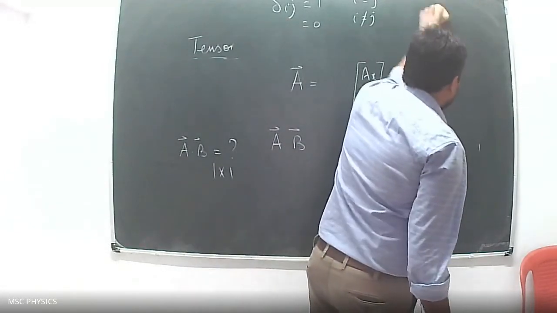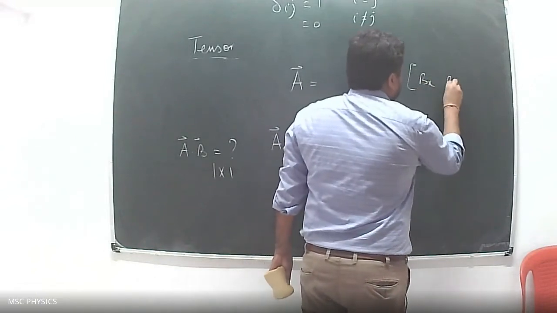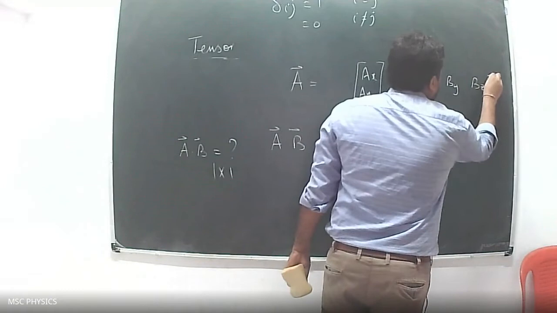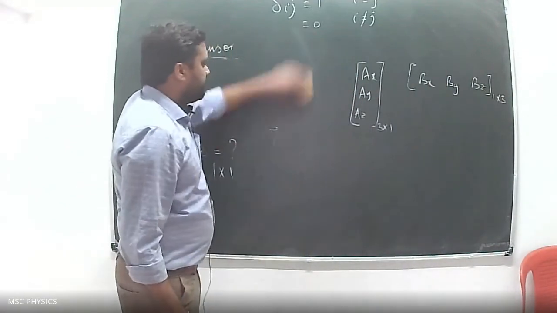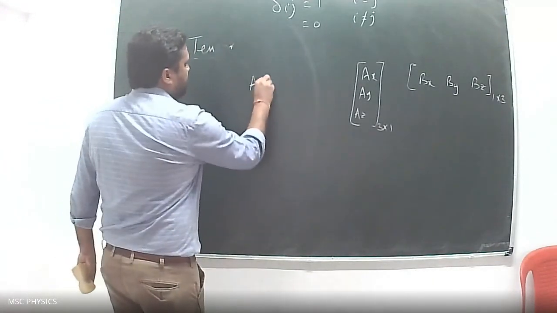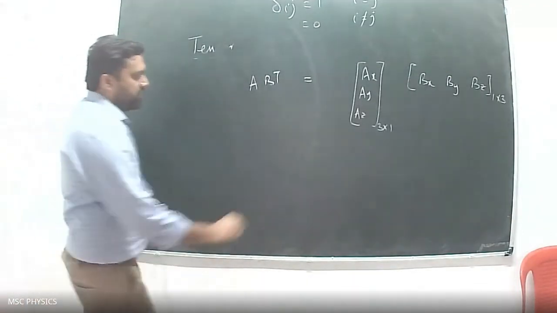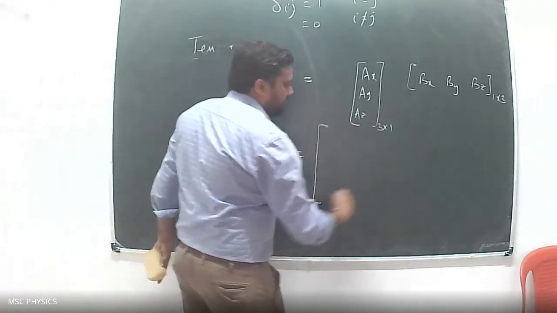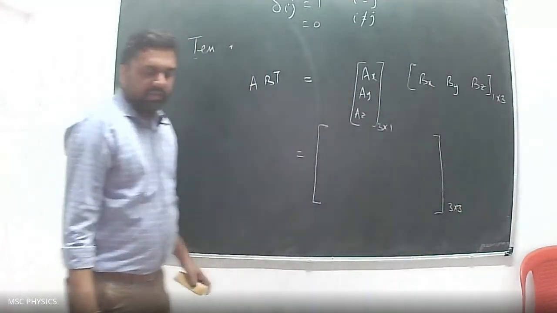So now this one should be the row. So in this form, this is basically A B transpose, isn't it? And this will come out to be a 3 cross 3 matrix. Isn't it right?